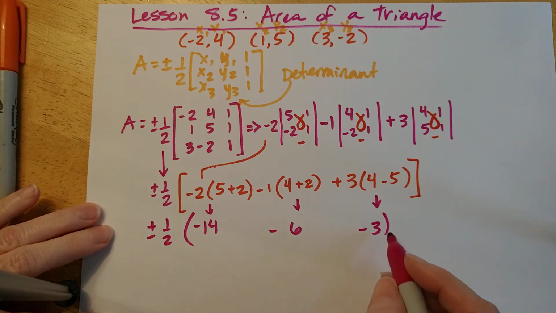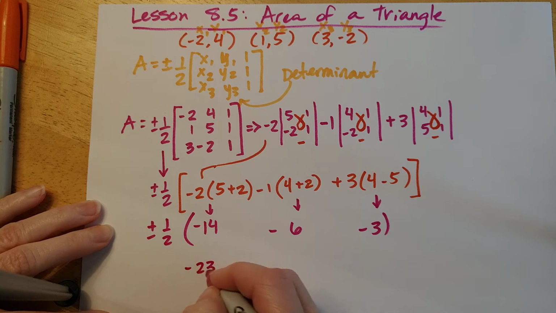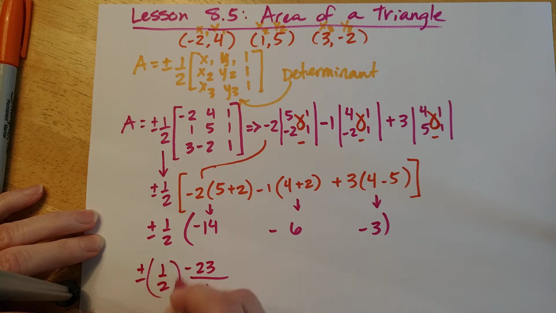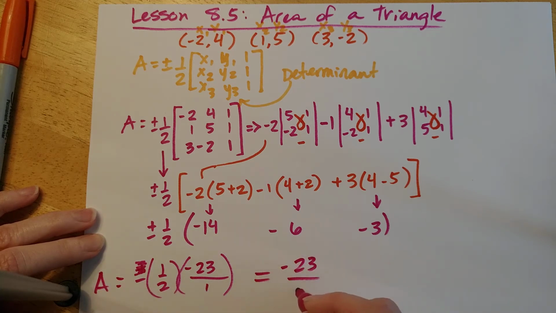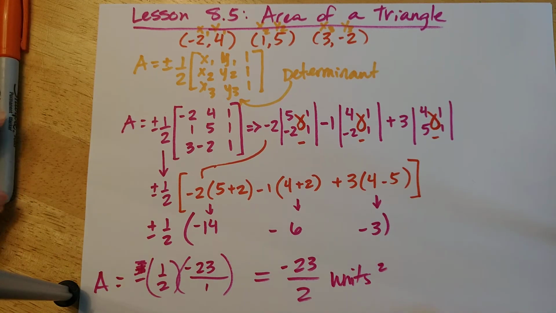This is going to be 6 and 3, that's 9, plus 14, that's negative 23. And then times plus or minus 1/2. Okay, so this guy's negative, so we have to use the negative 1/2 here because we want the area to be positive. So my area is 23 over 2 units squared. Yay, area of a triangle.